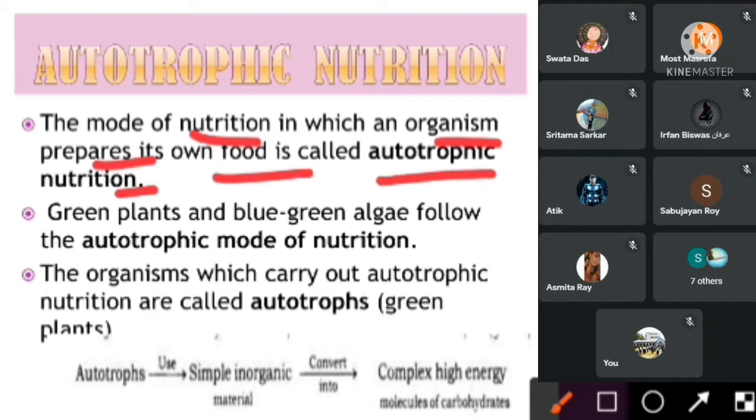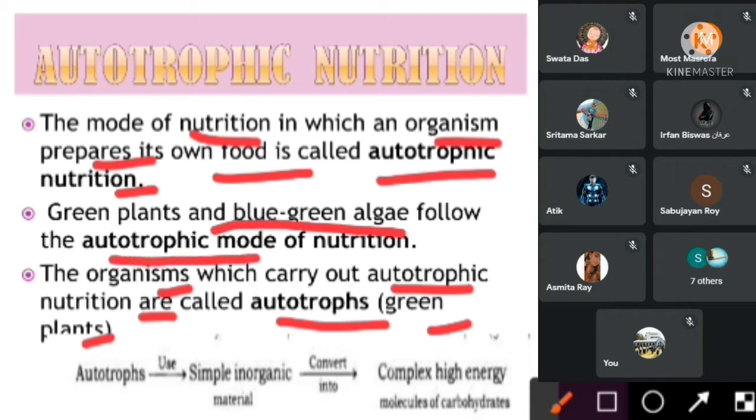The organisms which carry out autotrophic nutrition, that is, which prepare their own food, are known as autotrophs, like green plants. Green plants and blue-green algae follow the autotrophic mode of nutrition. These are examples of autotrophs.